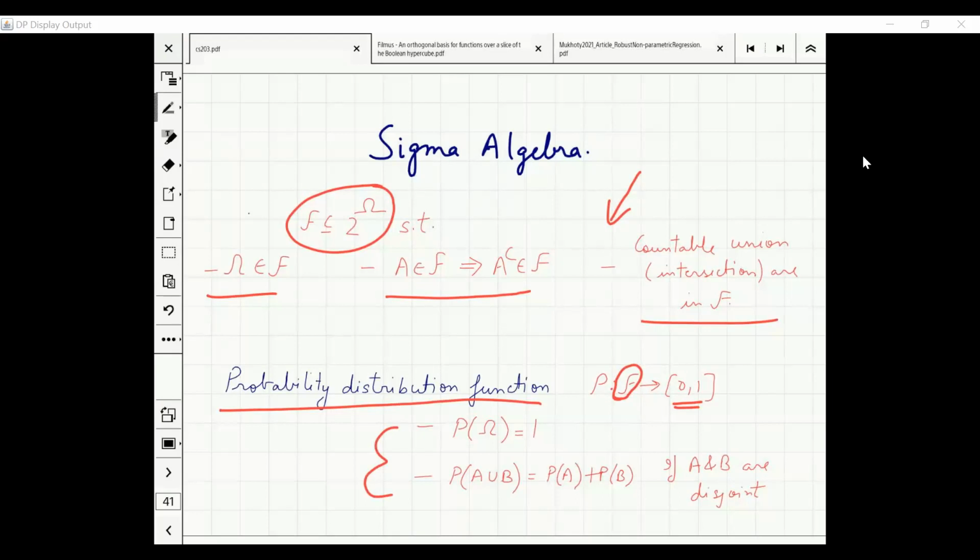And just these properties are good enough to prove most of the things which you saw in the old framework. For example, we saw that just by using these things, we could prove that P of A union B, when they need not be disjoint, is equal to P(A) plus P(B) minus P(A intersection B).